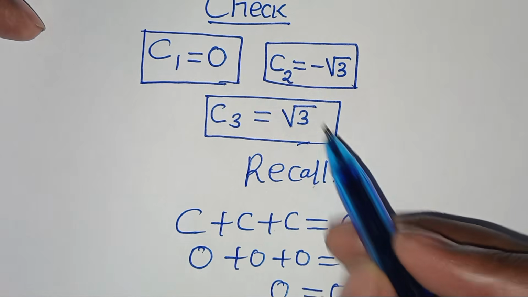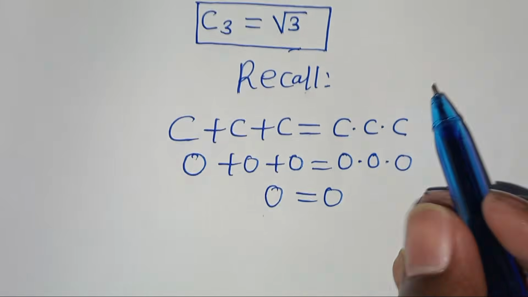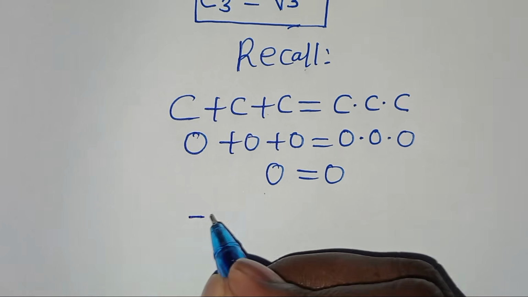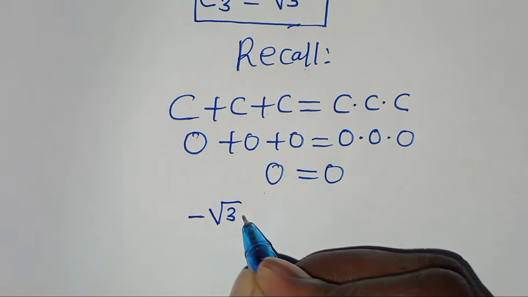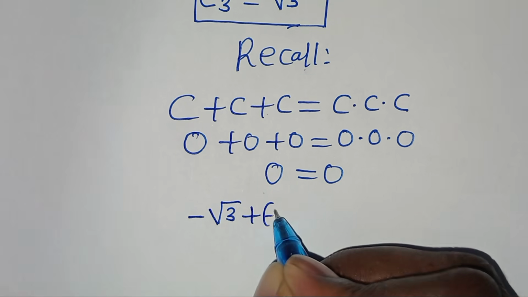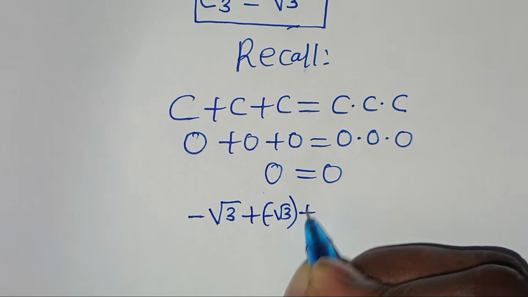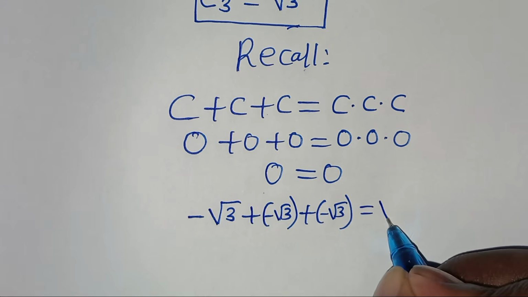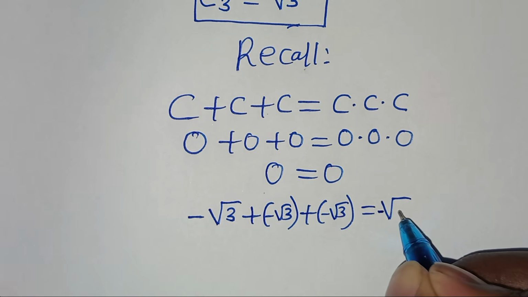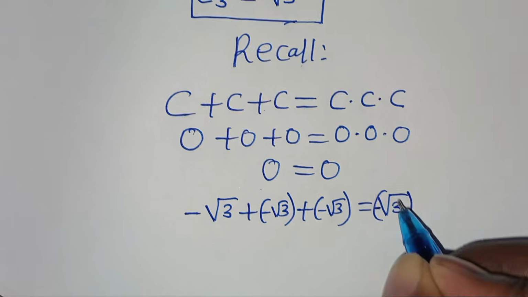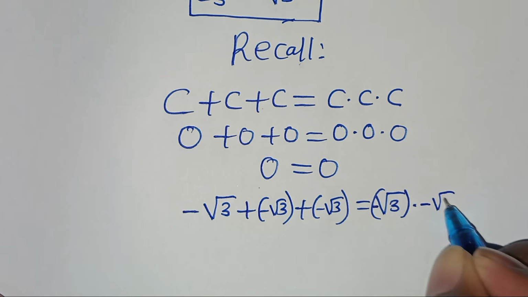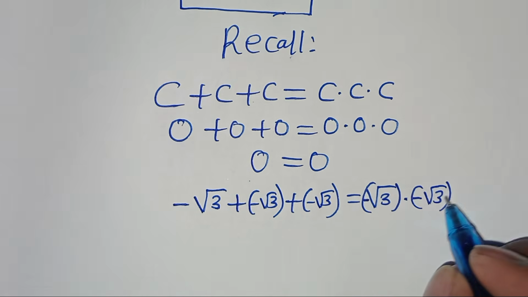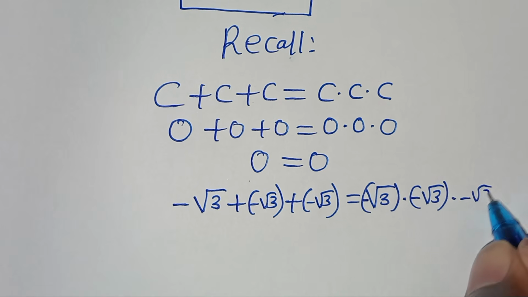Now let's check c2, which is minus square root of 3. We have minus square root of 3 plus minus square root of 3 plus minus square root of 3, equal to negative root 3 multiplied by negative root 3, then multiplied by negative root 3.